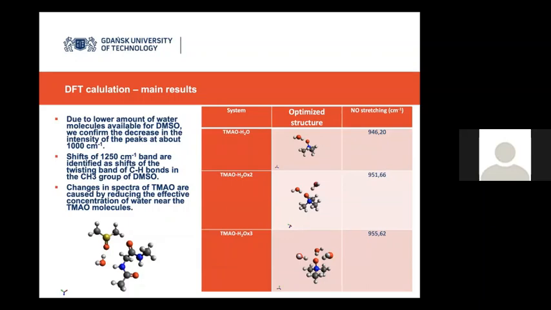We identify shifts at about 1250 wave number band as shifts of the twisting band of carbon and hydrogen band in the methyl group of the DMSO. The changes in the spectra of TMAO are caused by reducing the effective concentration of water near the TMAO molecules.